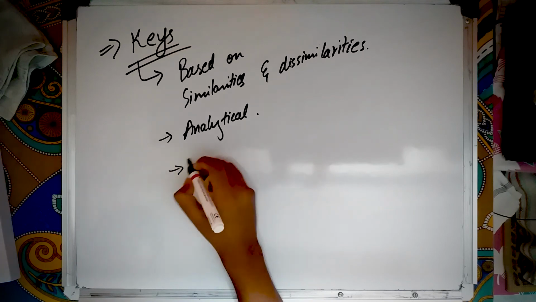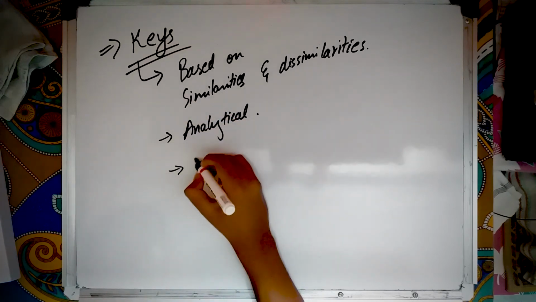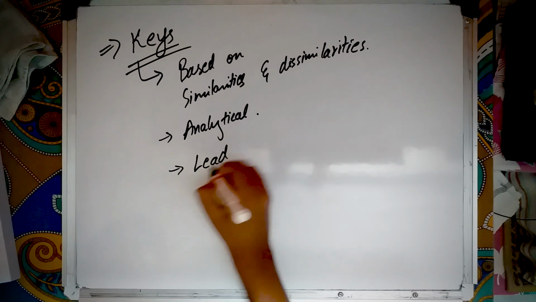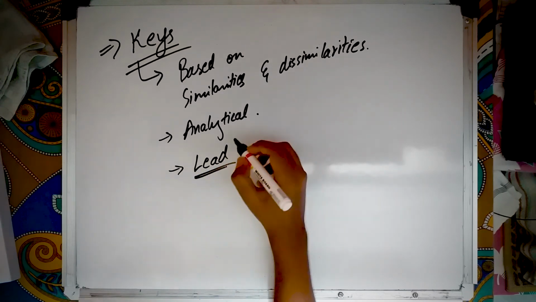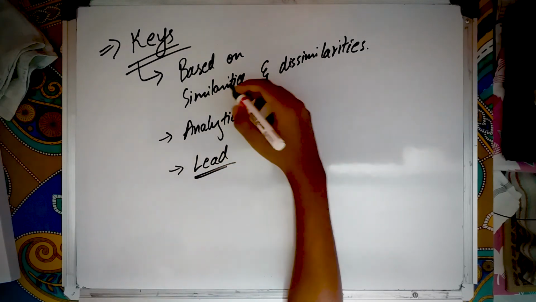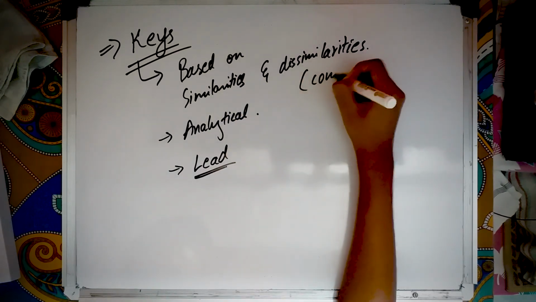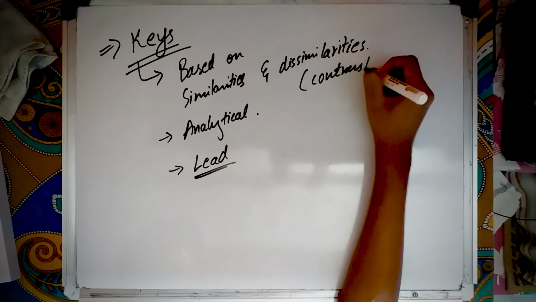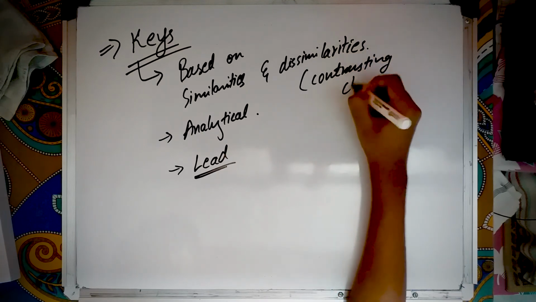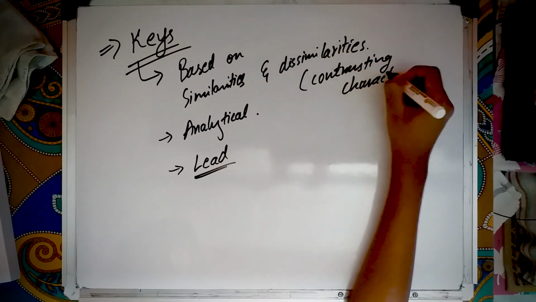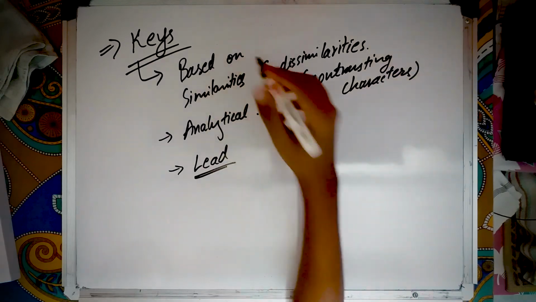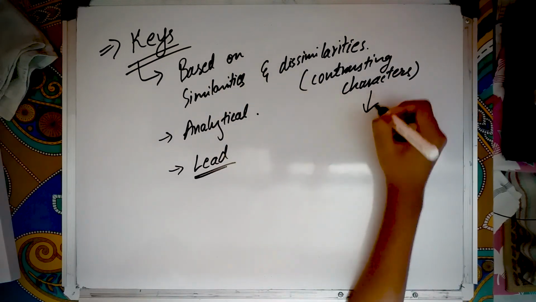Each statement in a key is called a lead, and the similarities and dissimilarities are the contrasting characters. And each pair of contrasting characters is called a couplet.